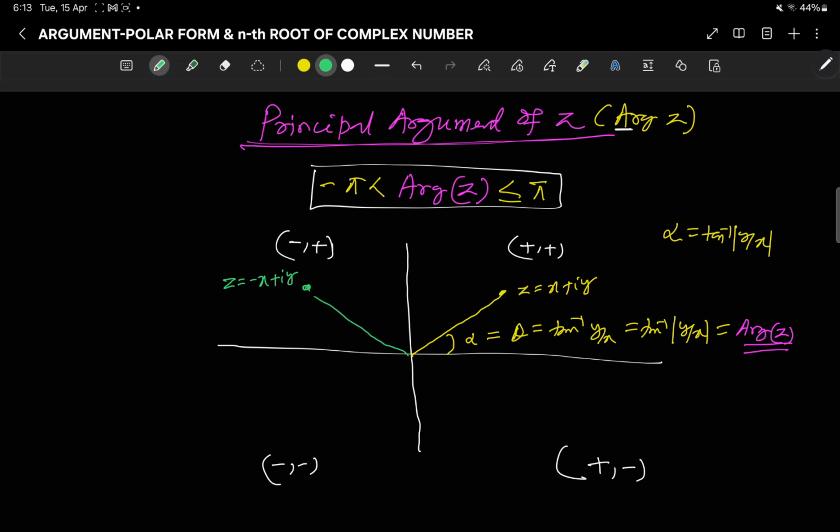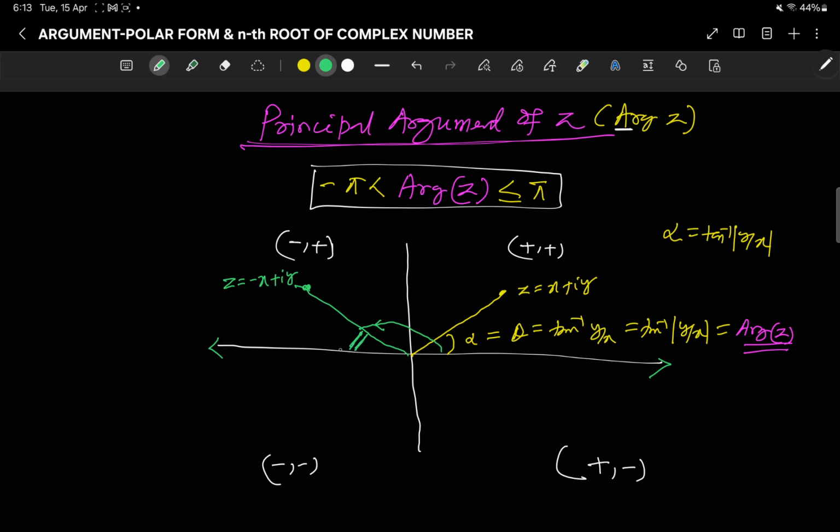Now this is the rotation in the positive orientation, however this angle is the smallest one, is it not? Is it not the negative x-axis here? So what is the smallest angle?